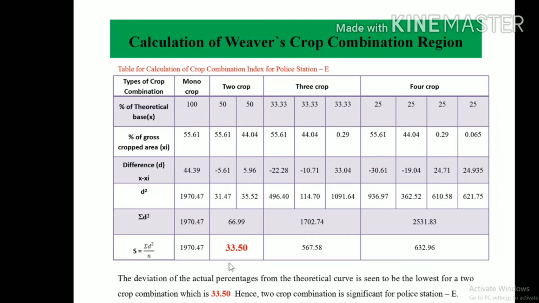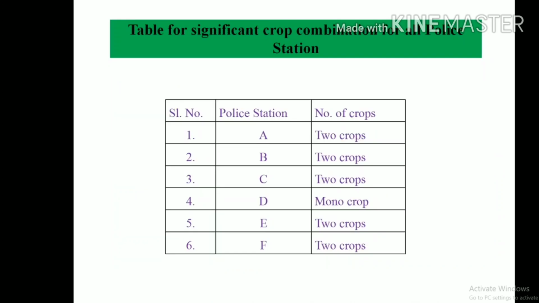For police station F, again two crop combination is significant. Now you have to prepare a table showing the significant crop combination for all the police station. At a glance you can see in the table, except police station D, all the police station have two crop combination.